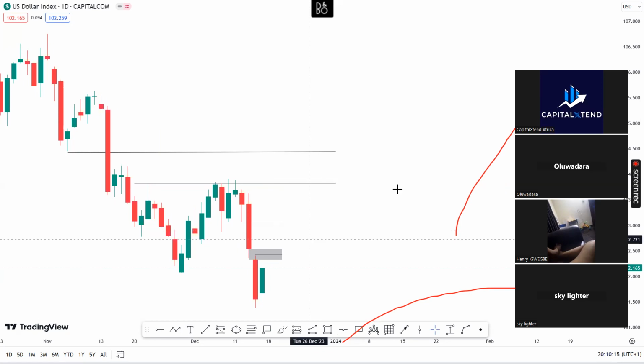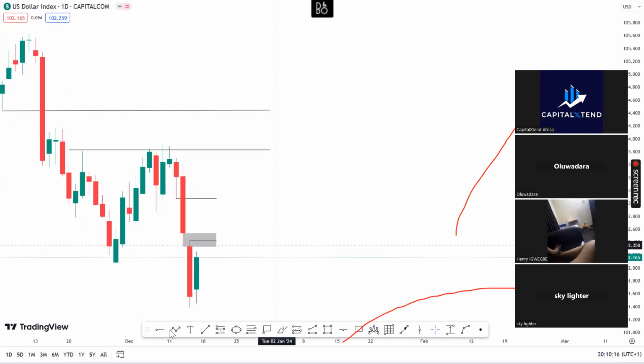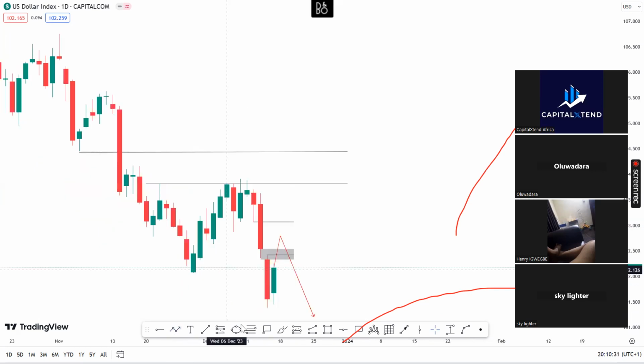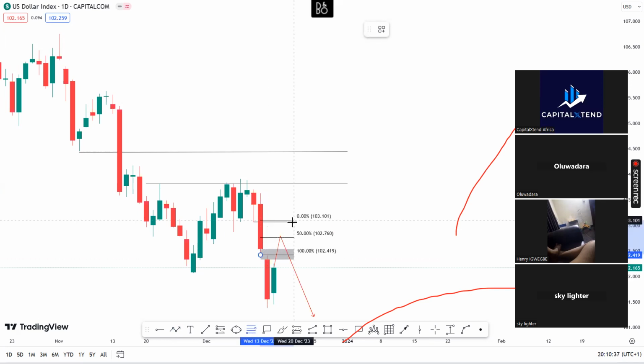So DXY might probably do something like this in this coming week. Probably react to this gap or play this fair value gap here. Price might want to play the 50%, which is consequent encroachment, before the drop.